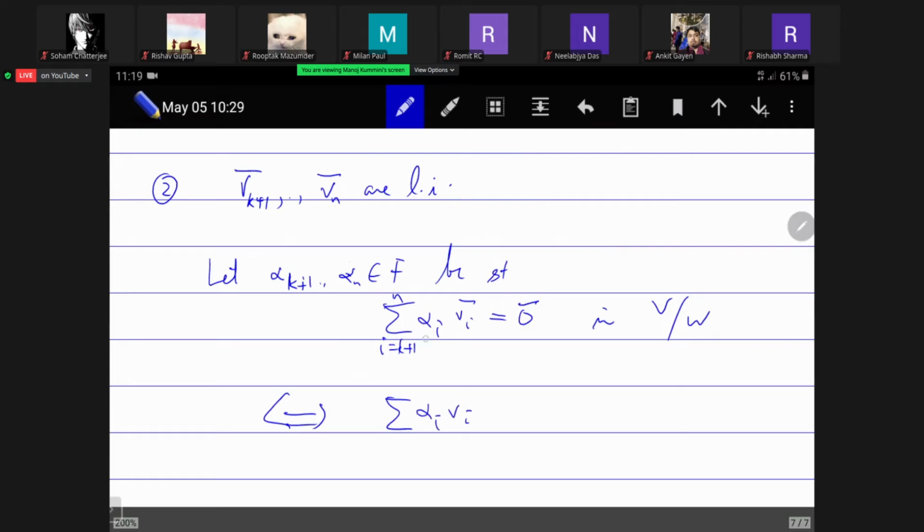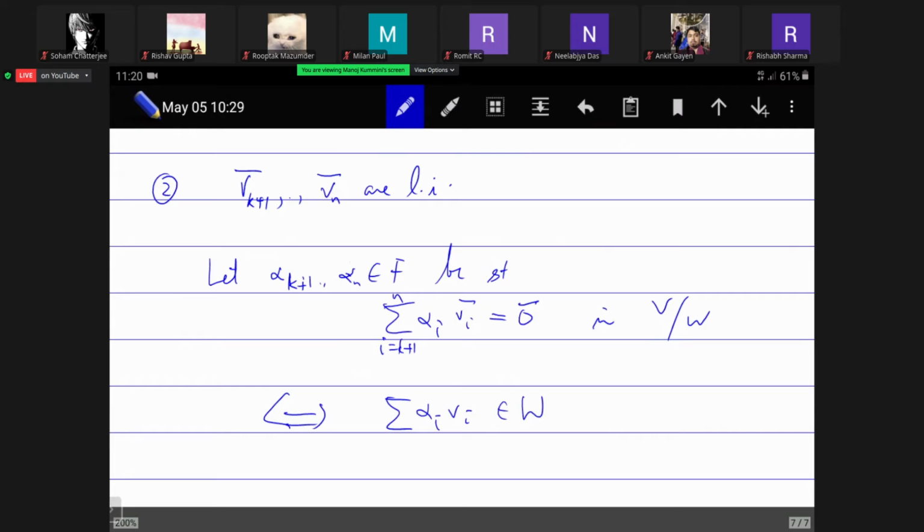When you're putting the bar, it's just to say that when you are applying the natural linear transformation from V to V mod W, we get 0. So in other words, the sum of alpha_i v_i is inside W. That's exactly, the things that go to 0 are exactly those that are inside W.